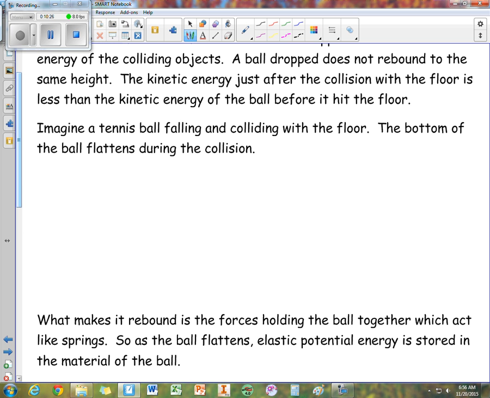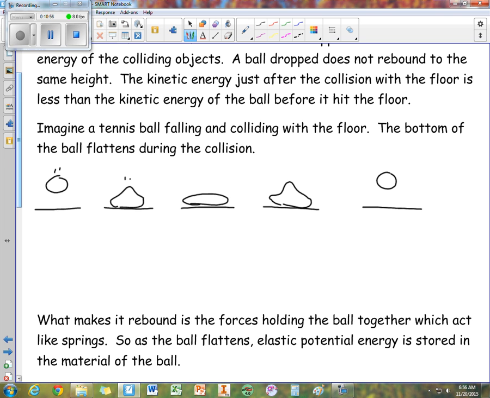So here we have a tennis ball falling. Once it hits the floor, it's going to begin to morph a little bit and flatten out. It'll become stationary, and then it's going to pick itself up and bounce off.